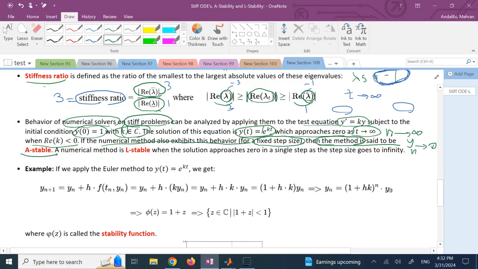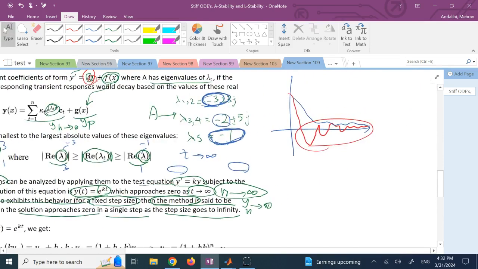So an A stable numerical solver, again for the last time, is one that, when you apply it to the simple test ODE, as the number of iterations goes to infinity, the solution approaches 0, assuming you're using a fixed step size. On the other hand, if the solution can approach 0 in a single step, not in a ton of steps, but when the step size goes to infinity the solution goes to 0, that is still a stable solver, but we call it L stable. Okay, so you see the difference?